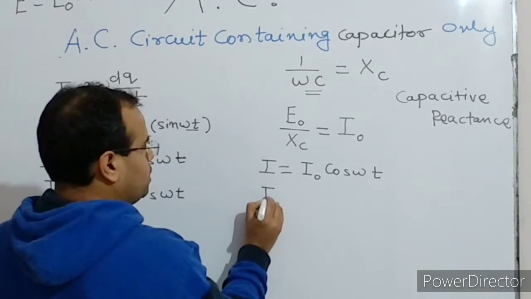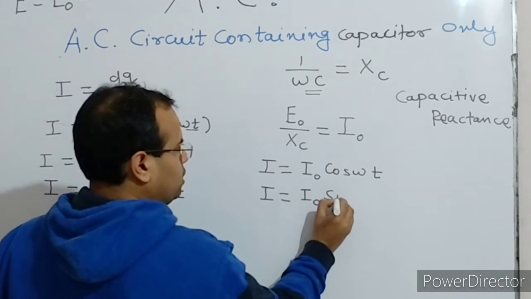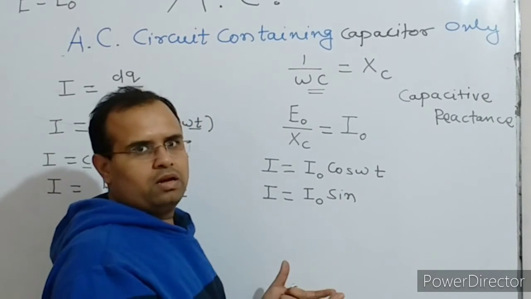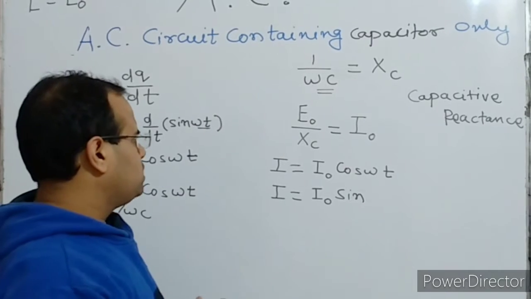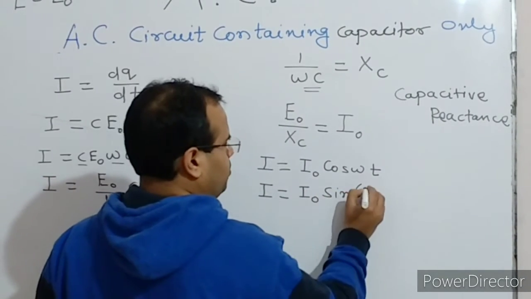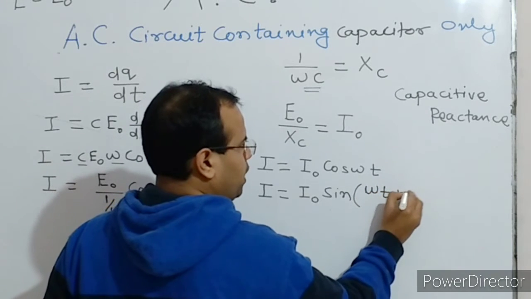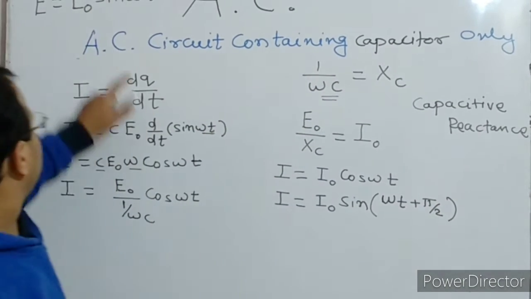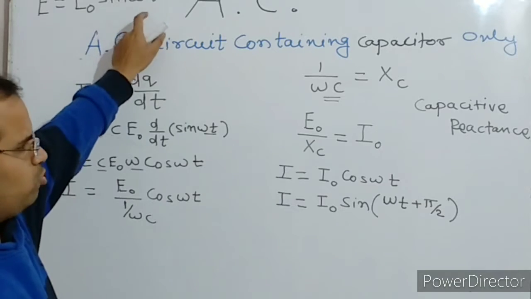So I can write it very easily as I equals I naught sin of 90 plus theta, since sin 90 plus theta would be cos theta. So we can write it as I equals I naught sin of omega t plus pi by 2. You see, the EMF is sin omega t, equation number 1.